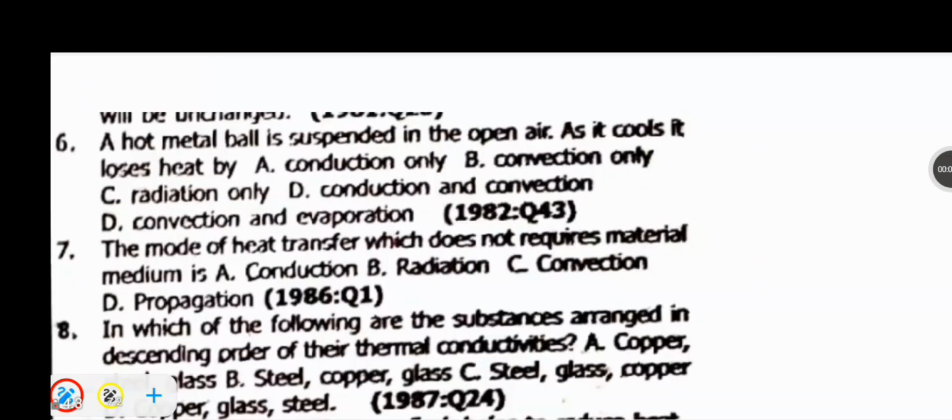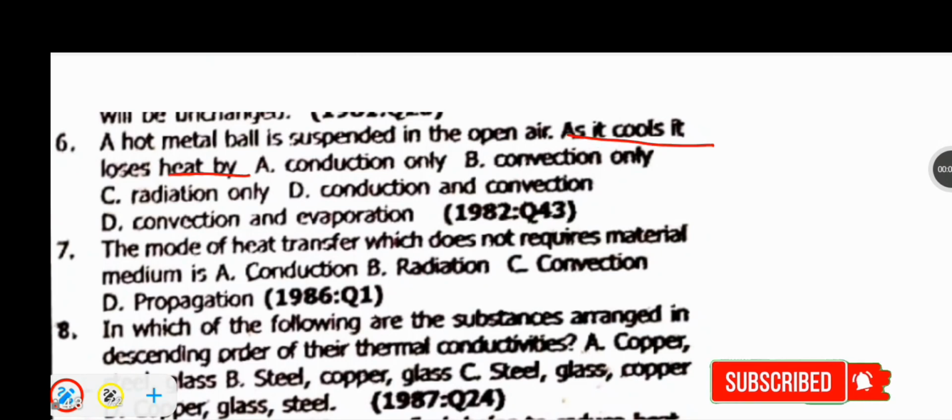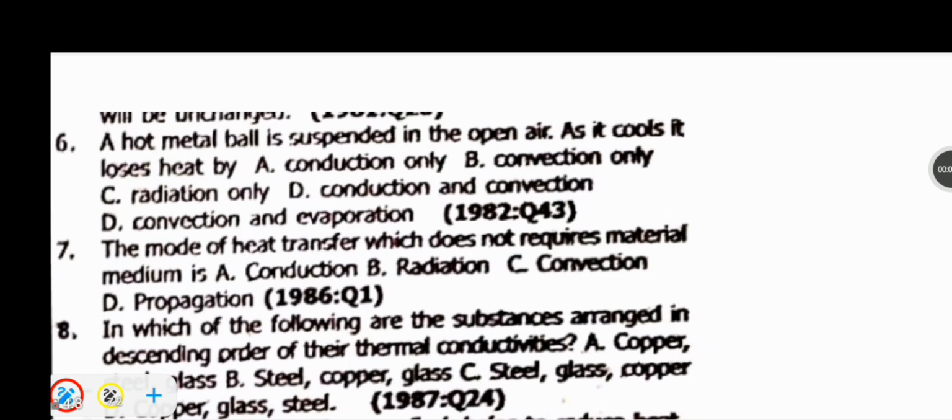So let's take number 6. We are told that a hot metal ball is suspended in the open air. As it cools, it loses heat by, then they give us these options here. They have a hot ball like this, and it is suspended in open air.